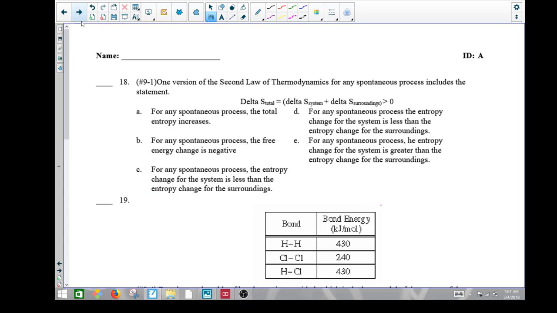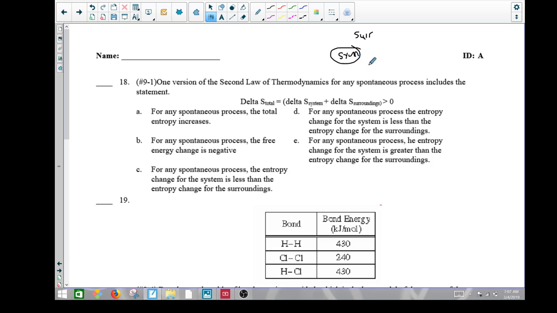All right, one version of the second law of thermodynamics for a spontaneous process includes this. Okay, and I don't know that I always talk about this enough, but essentially the second law of thermodynamics just says that in the end, okay, if you have a system and you have a surroundings, for any reaction that happens, that unlike the conservation of energy, means that the two would match.